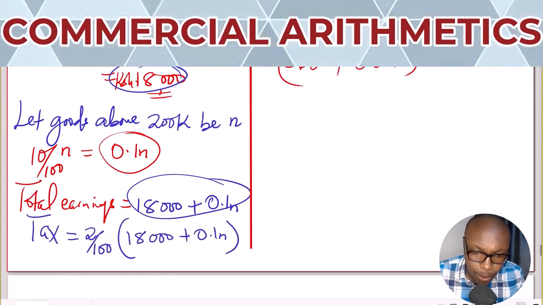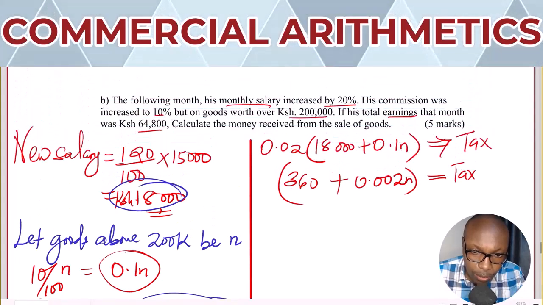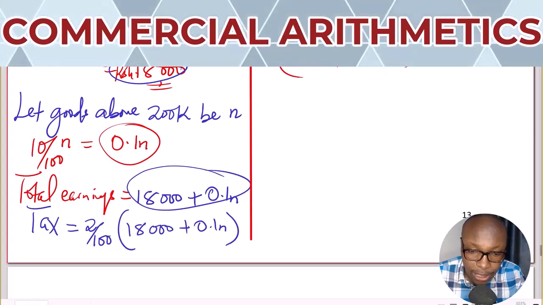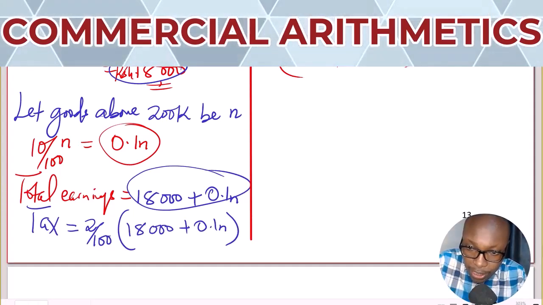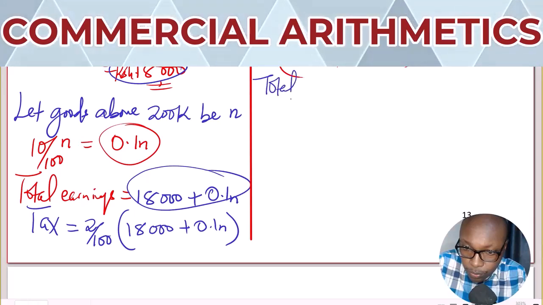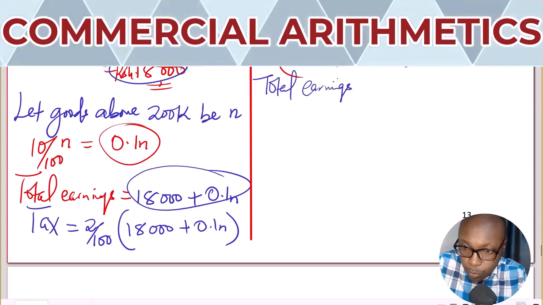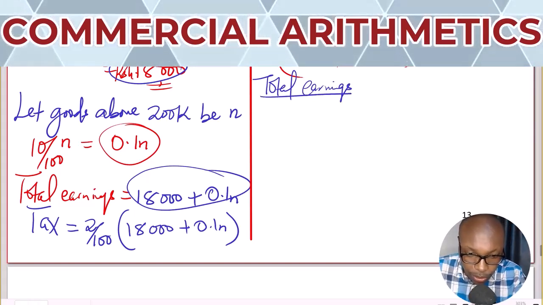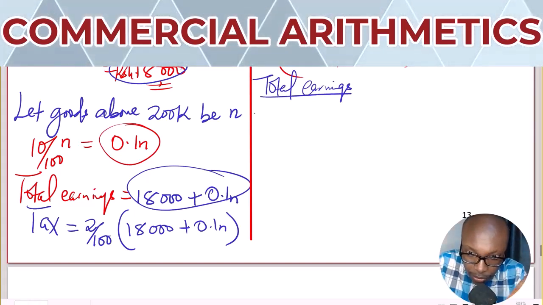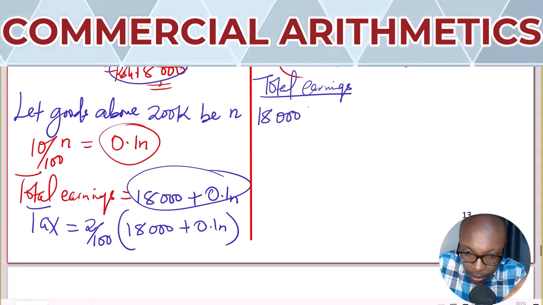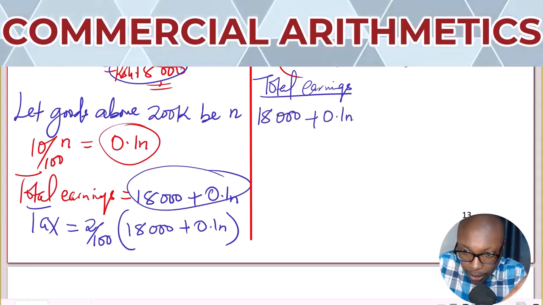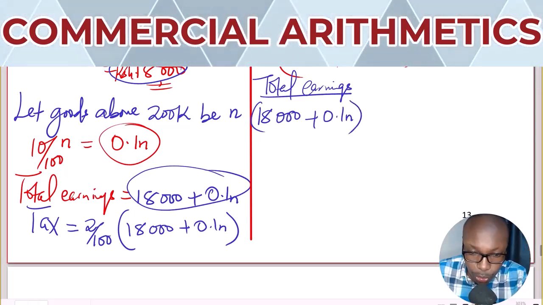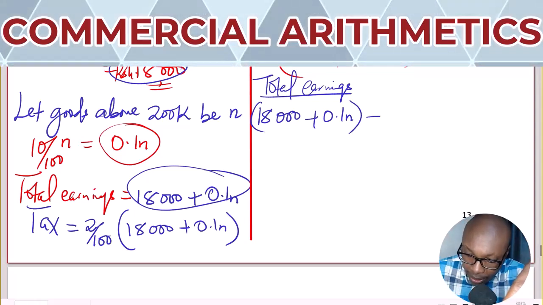Now these earnings that we're given here, 64,800, is the amount after total earnings subtract the taxation. So total earnings will be given by the earnings, 18,000 plus 0.1N, that is the basic salary plus the commission, and then we subtract the tax.